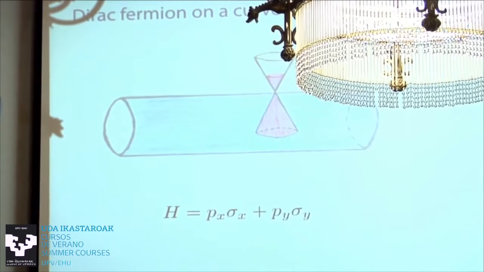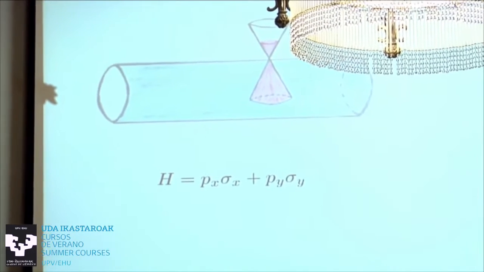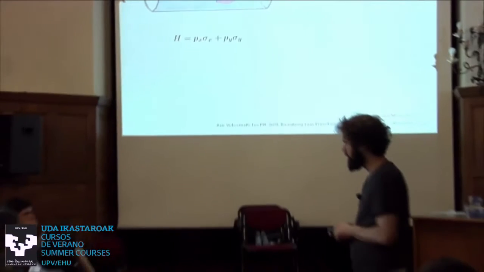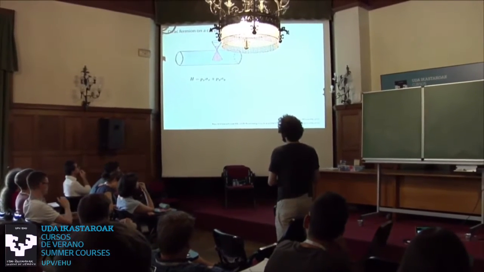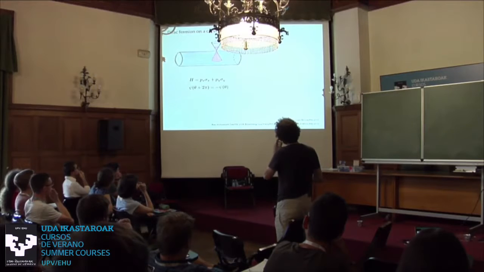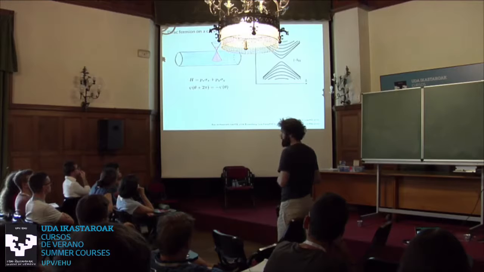You just take a 3-dimensional topological insulator nanowire and calculate the band structure of it. And if you look at the surface part, so if you just diagonalize this equation, you get a band structure that looks like this, and there's a gap.